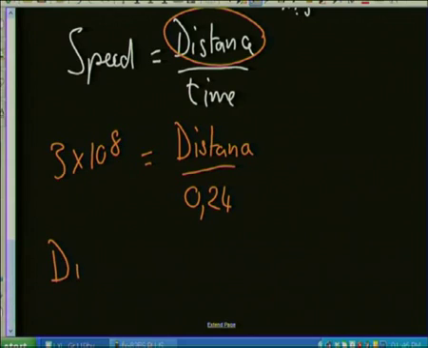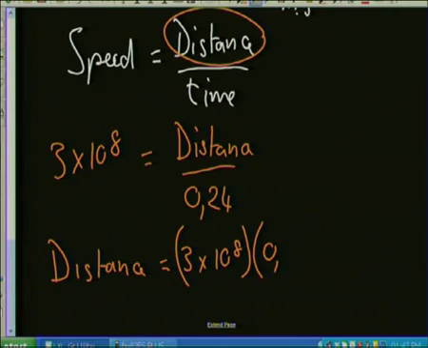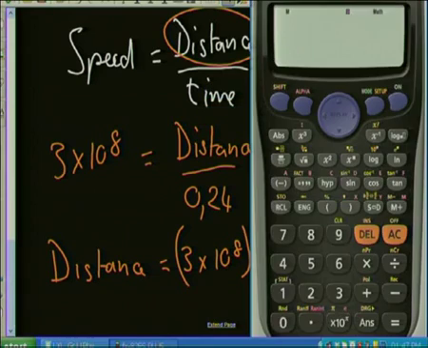So now if I want to get distance on its own, get my marks for substitution, I can say that distance is equal to the speed, 3 times 10 to the 8 meters per second, multiplied by the time, 0.24 seconds. So let's put that onto the calculator and let's work it out. We get 3 times 10 to the 8, multiplied by 0.24.